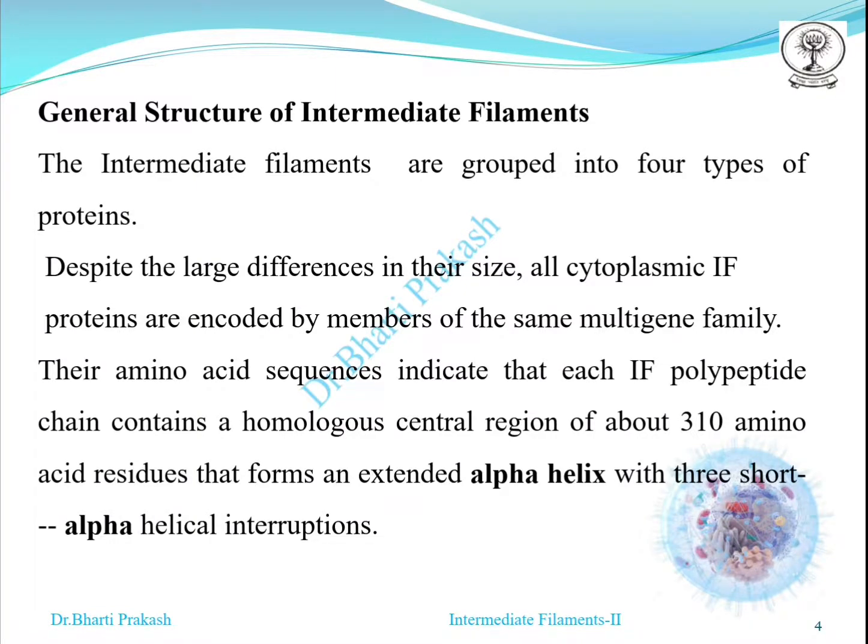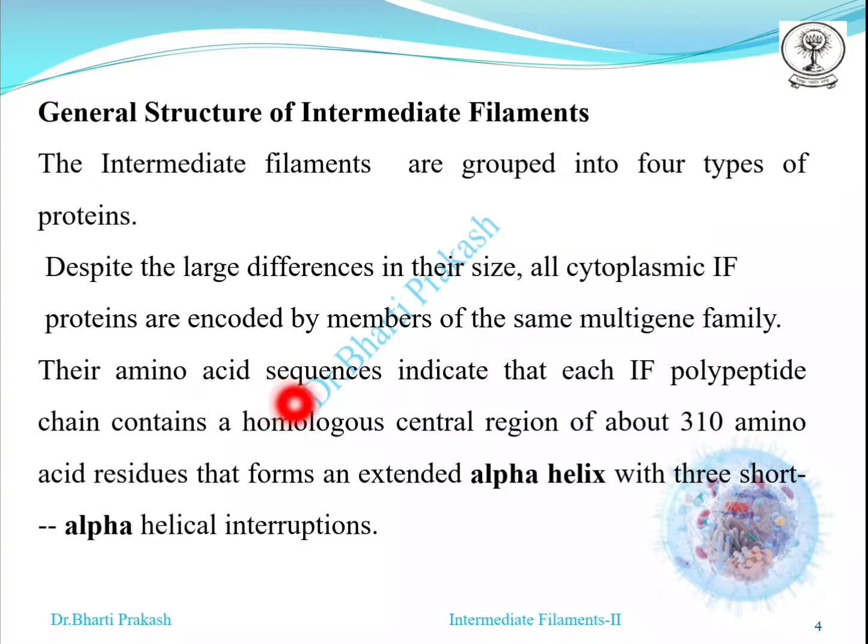General structure of intermediate filaments. The intermediate filaments are grouped into 4 types of proteins. We studied this in the previous lecture. There were 4 types of intermediate filaments depending upon the proteins present in them. Despite the large differences in their size, all cytoplasmic intermediate filament proteins are encoded by members of the same multi-gene family.